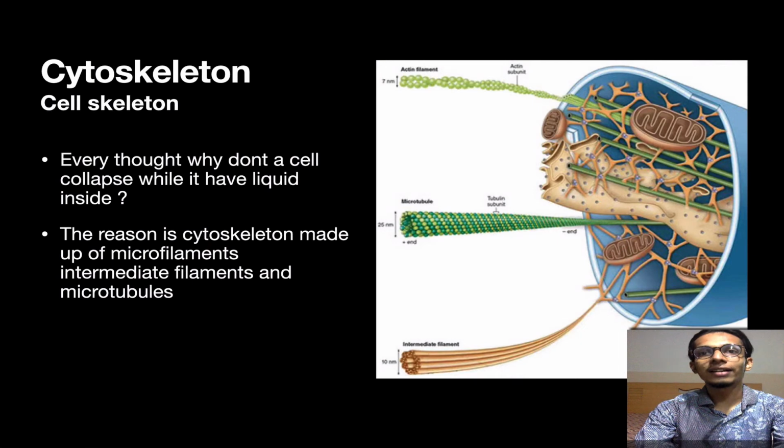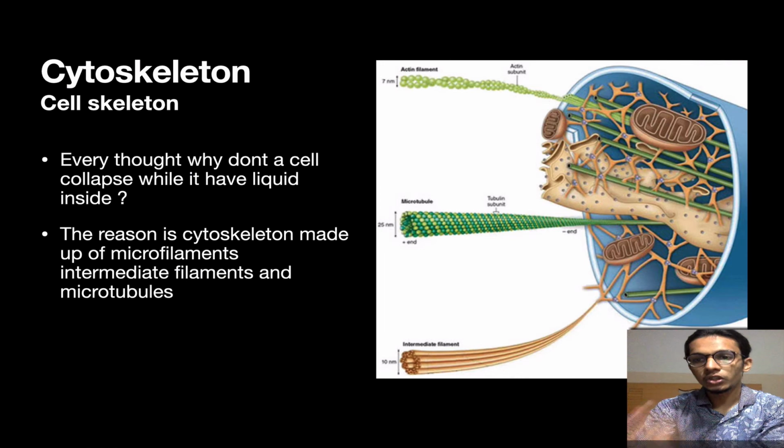Cytoskeleton is the skeleton of a cell, just like we have the skeleton in our body, the bones, while the cell contains the cytoskeleton. Ever thought why a cell doesn't collapse while it has only liquid inside it?